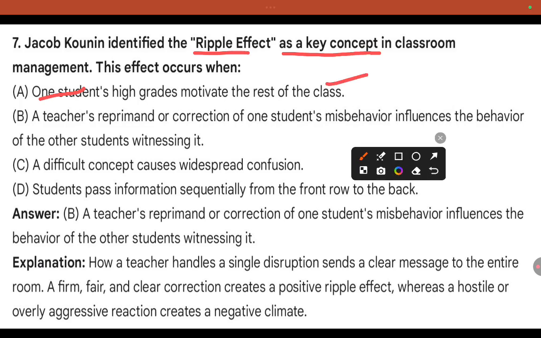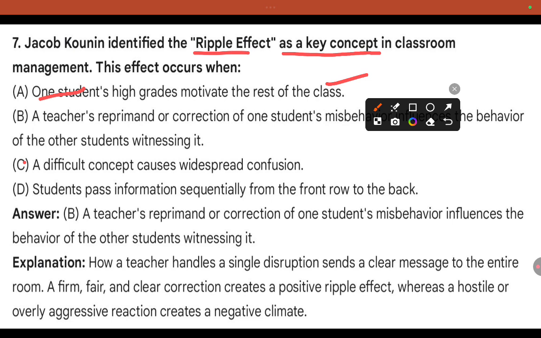B. A teacher's reprimand or correction of one student's misbehavior influences the behavior of other students witnessing it. C. A difficult concept causes widespread confusion. D. A student passes information sequentially from the front row to the back. So here is the answer.